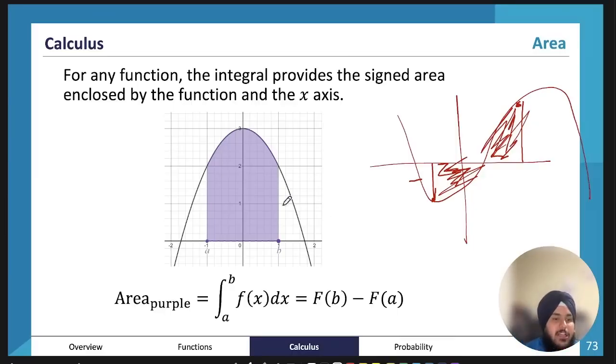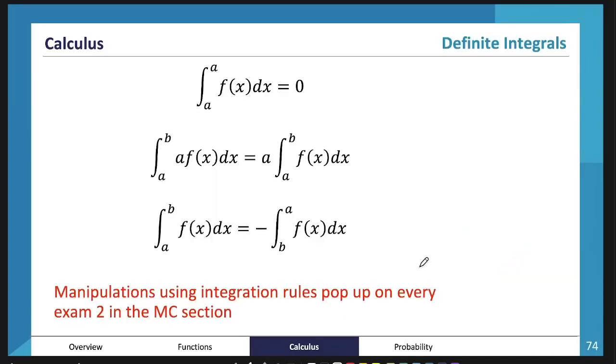So the signed area is essentially when we're literally just doing a to b, f of x, and we're getting the area. So between a and b, what's the area of the function f of x between a and b? We find the antiderivative, we sub in b and a. Pretty straightforward.